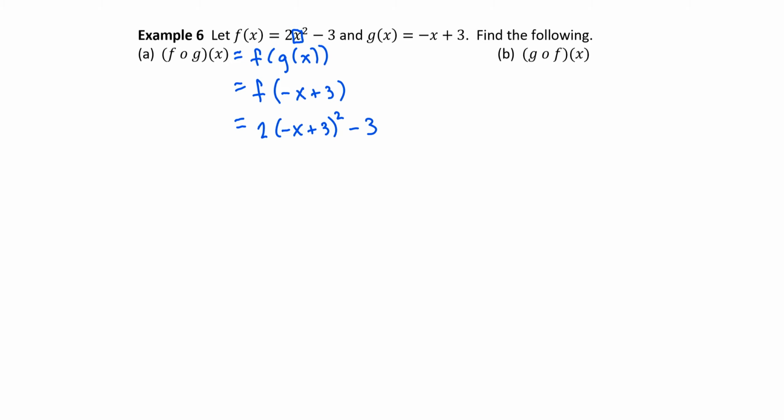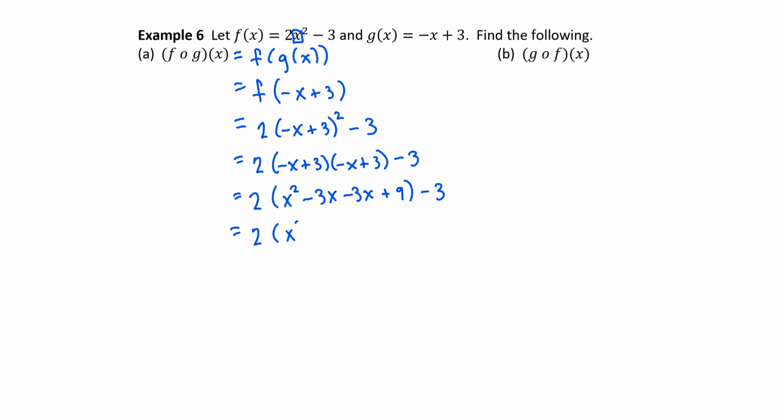Now be really careful here. Make sure you evaluate the exponent before you multiply by 2. You cannot distribute that 2 until you have evaluated the exponent. And we're going to evaluate that exponent with FOIL. So foiling, we have x squared. Outside is minus 3x. Inside is minus 3x. Last is plus 9.